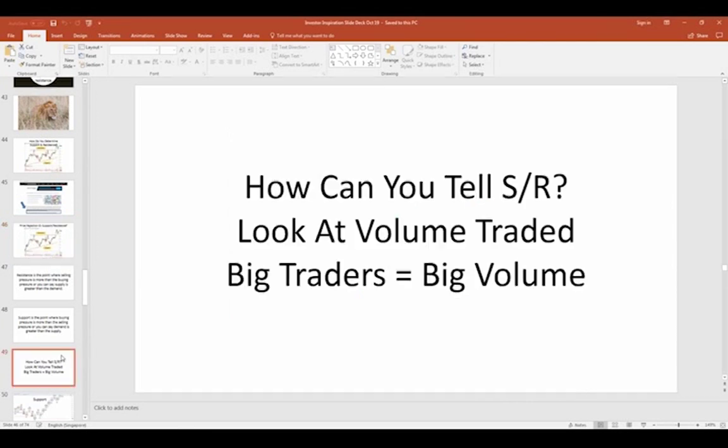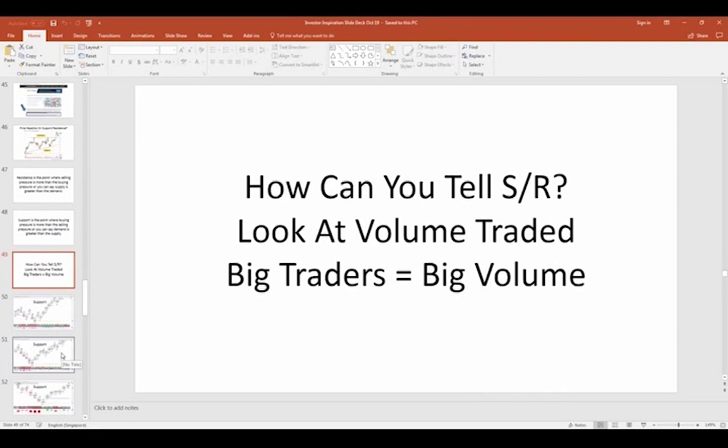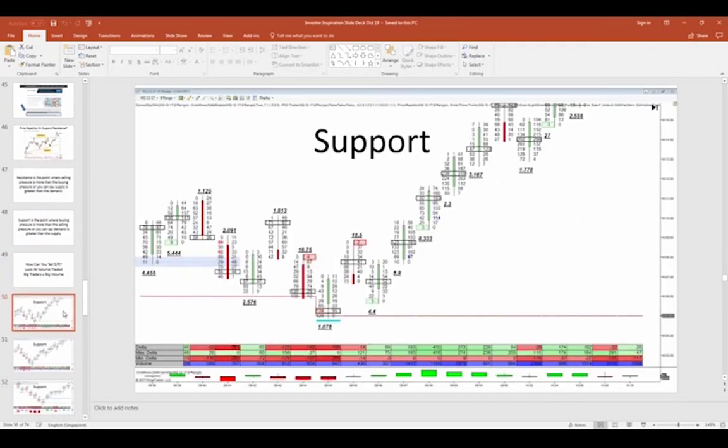It's a little bit more complex, but how can you tell support and resistance? Well, if you look at volume traded, big traders equal big volume, period, and it shows up in the order flow. Going back to bars, point of control is the area in the bar that has the most volume.